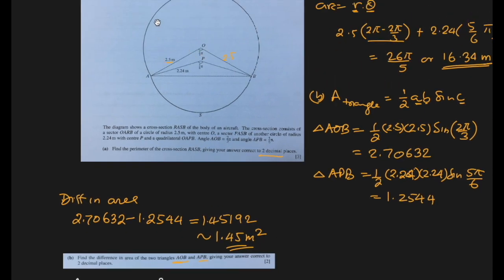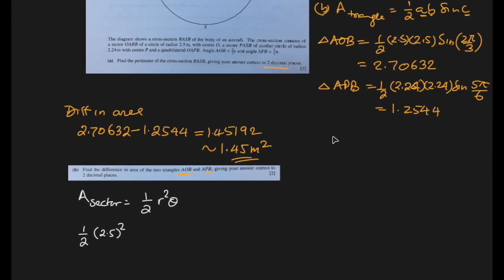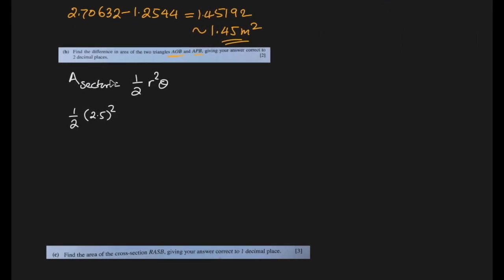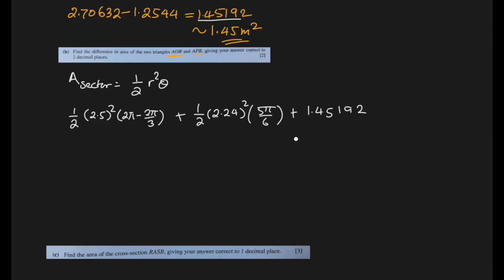No, it is on the opposite side, because we want the area of this one. So we will use that angle, which is 2 pi minus 2 pi over 3. Then the second sector was half, again r was 2.24 square, theta for that is 5 pi over 6, no need to subtract it from anything. And then we got this, 1.45192. These three we will add and we'll get our answer.